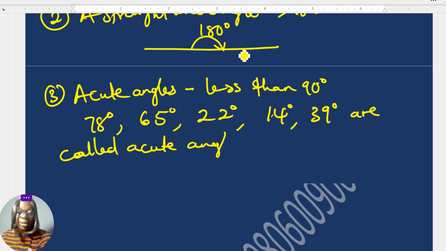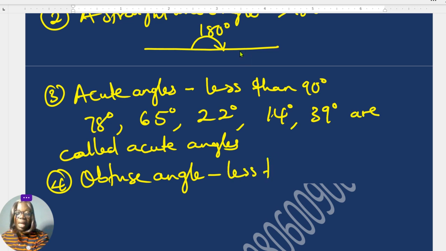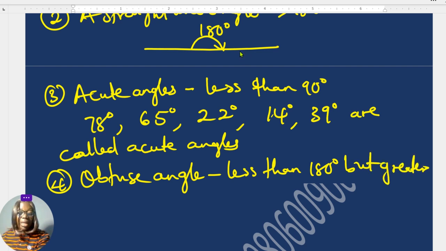Now the next type of angle is obtuse angle. An obtuse angle is less than 180 degrees but greater than 90 degrees.